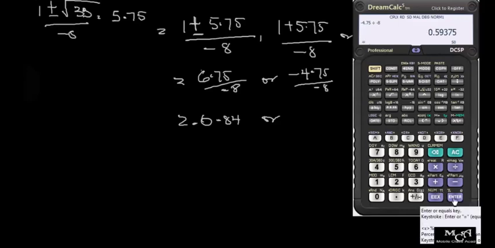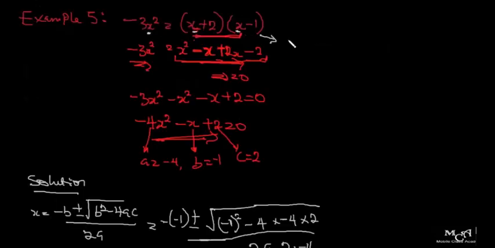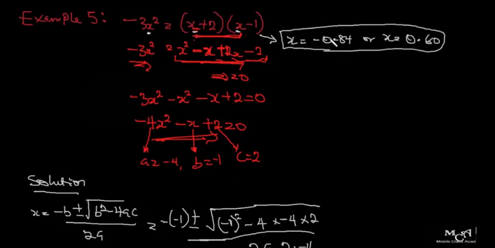That is 0.59, 0.6. 0.60. So this is our answer. The solution to this question, our x equals what? Negative 0.84, or x equals 0.60. So that is the solution to this expression.